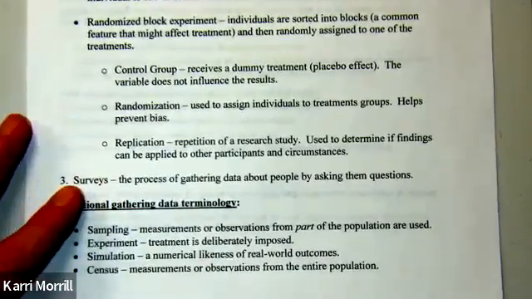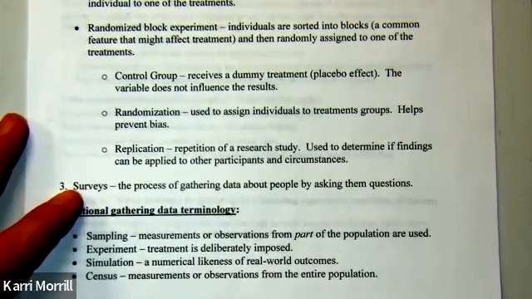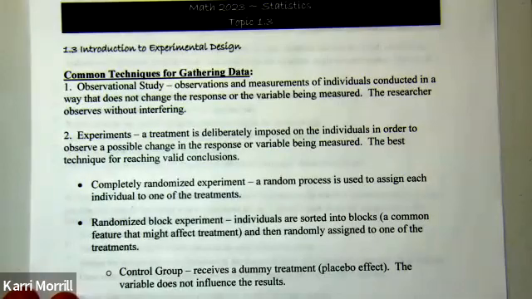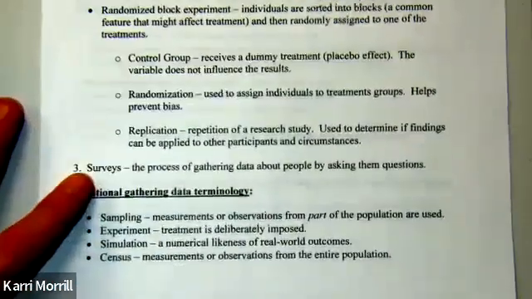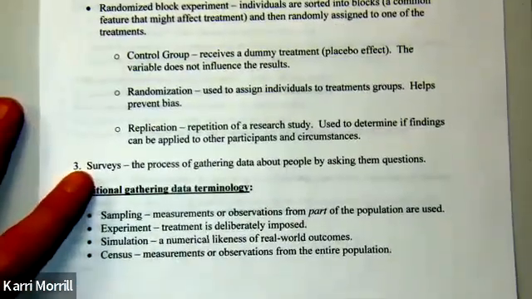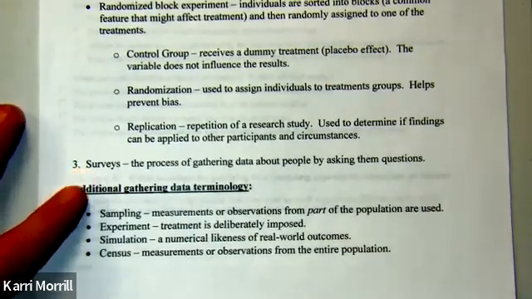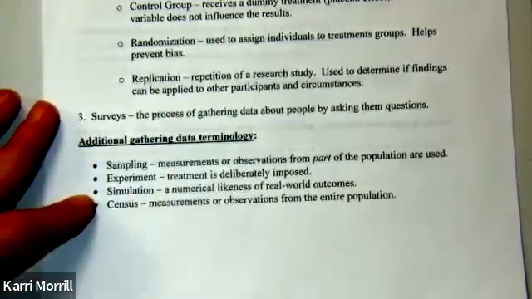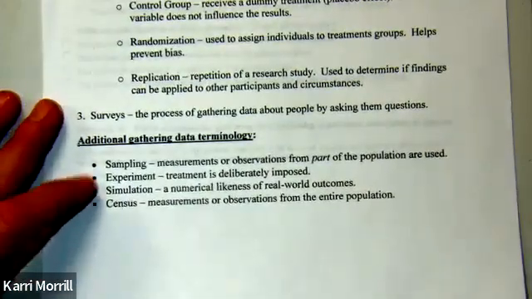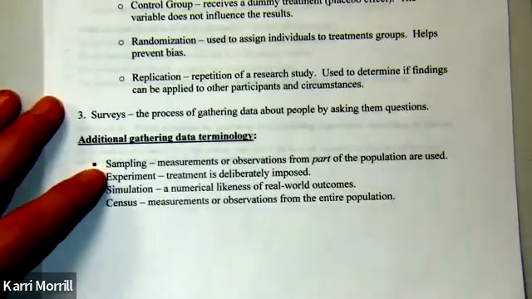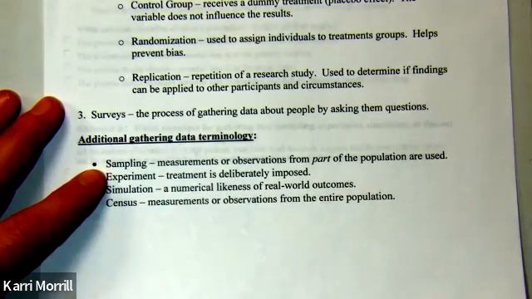And then the third type of technique for gathering data is surveys. So we have observational study, we have experiments, and we have surveys. And that's just the process of gathering data about people by asking them questions. Other gathering data terminology to be aware of is sampling. Measurements or observations from part of the population are used.